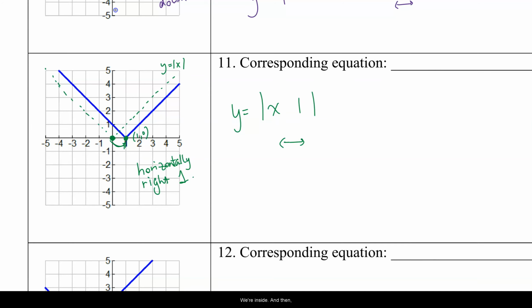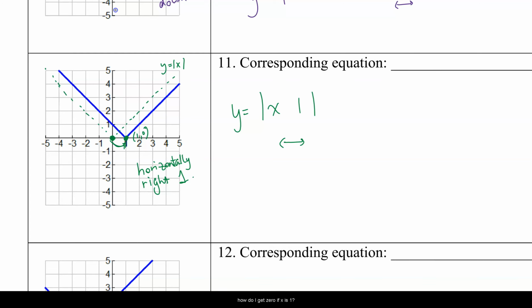We're inside. And then the thing you can ask yourself if you ever get confused: the horizontal shifts are opposite the sign that's in there. That's why it's a little weird. But if you ever get confused or you can't remember, think about what x value do I have here? I have the 1.